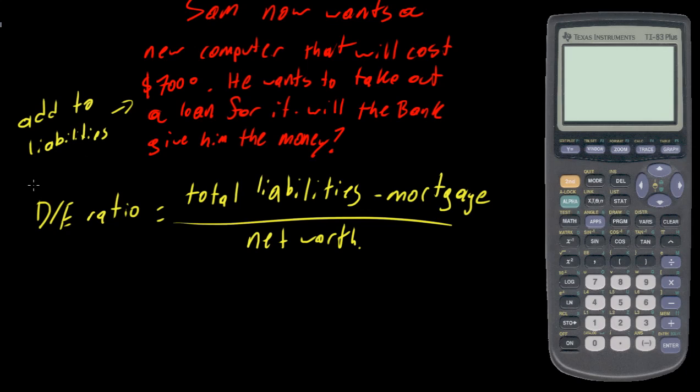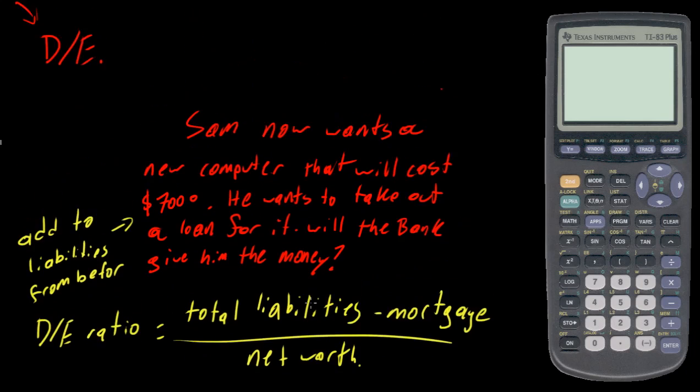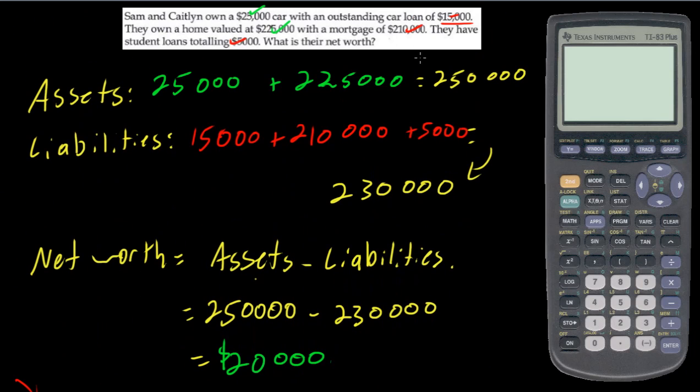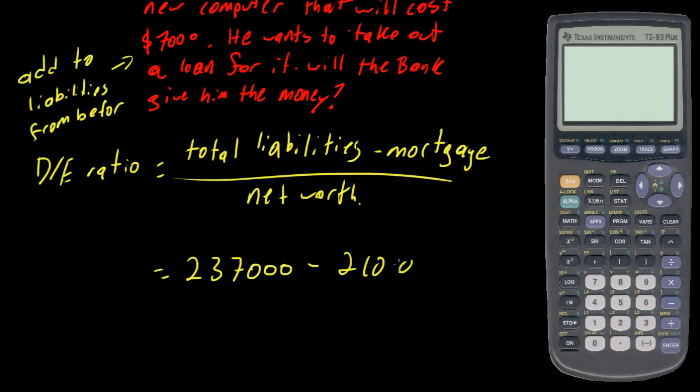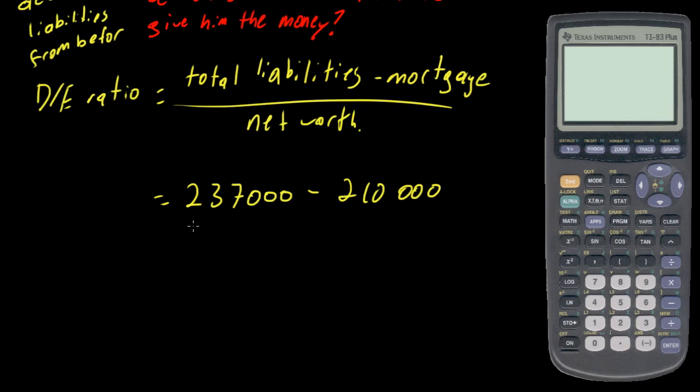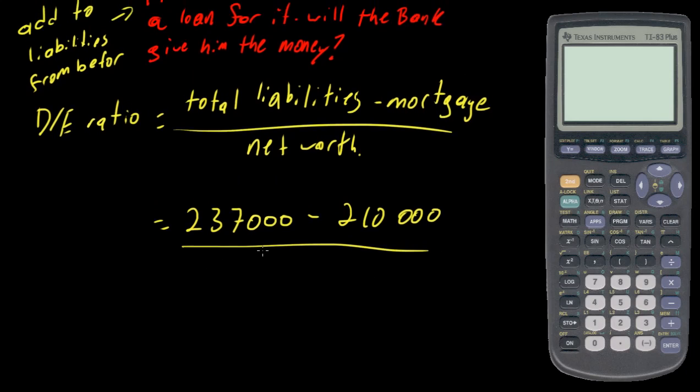His total liabilities, now including the potential loan that he's going to get, is not going to be $230,000. It would be $237,000. Now we're going to take away the mortgage of $210,000, because mortgages have their own separate equation. That's a GDSR, so we don't care too much about that.